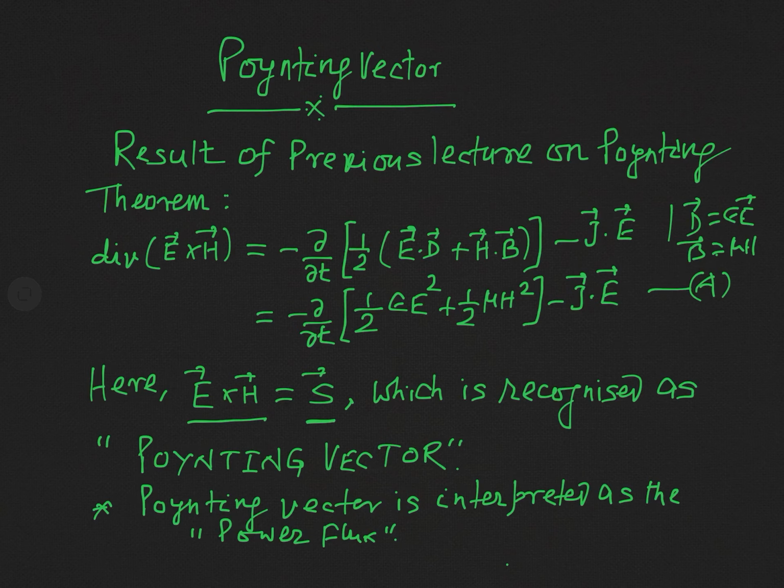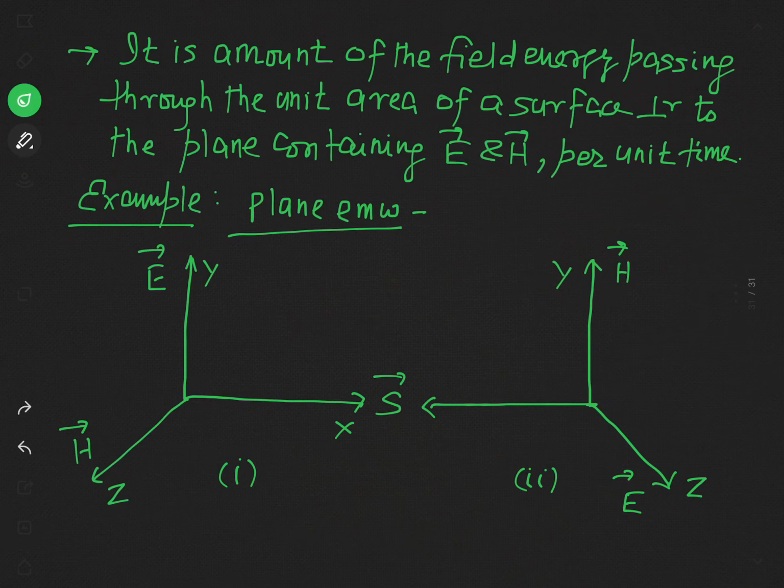So in fact, the Poynting vector is interpreted as the power flux. When you say it is a power flux, what does it mean? It means it is the amount of field energy passing through unit area of a surface perpendicular to the plane containing the electric field vector E and the magnetic field vector H in unit time.